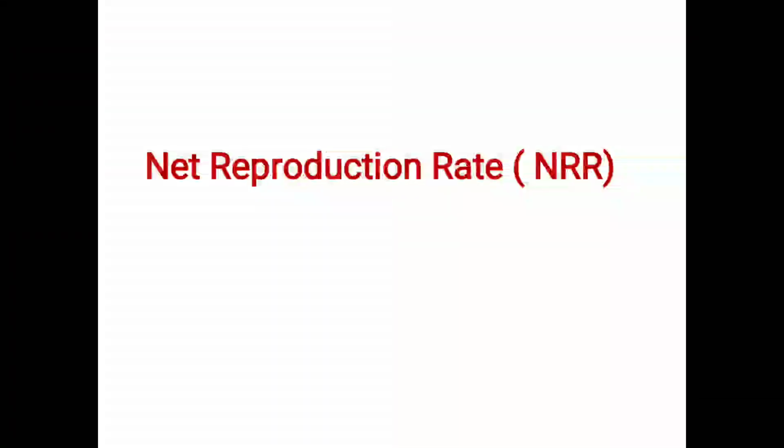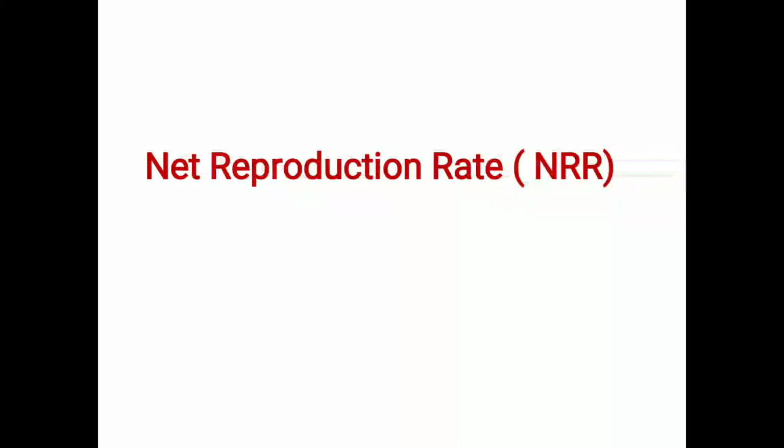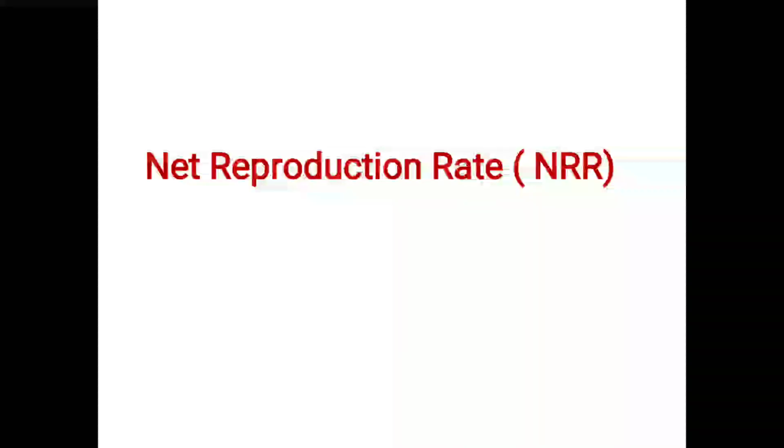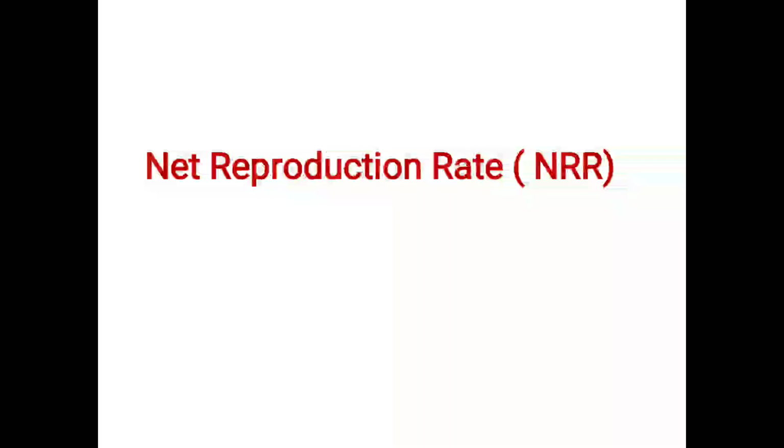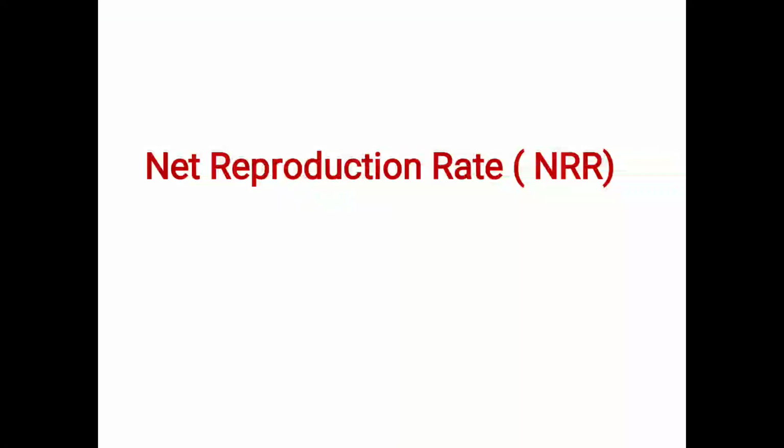Next we move on to the net reproduction rate, in short read as NRR. We have learnt GRR, the gross reproduction rate. Now this is net reproduction rate. Let us know what this is. The limitation of GRR was that we used to think there is no mortality, no death takes place.